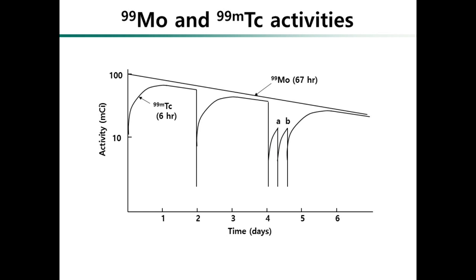It's very happy to do it in the morning. In case of a gallium generator, we can use 2 or 3 elutions for a patient. So that is a very economic generator. But I think this is a worker-friendly generator.